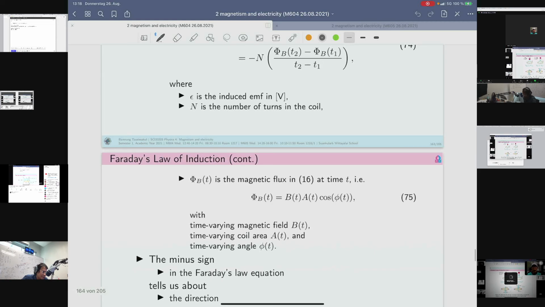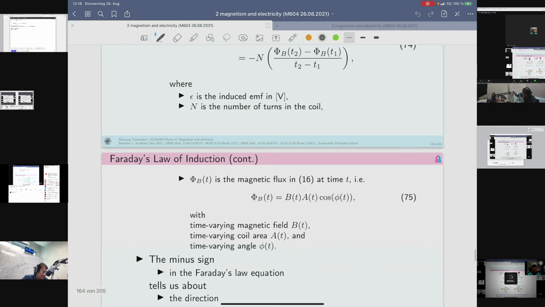So we will substitute it into this one: A and delta B divided by delta t. Because the area will never be negative, have you ever heard of any area being negative?